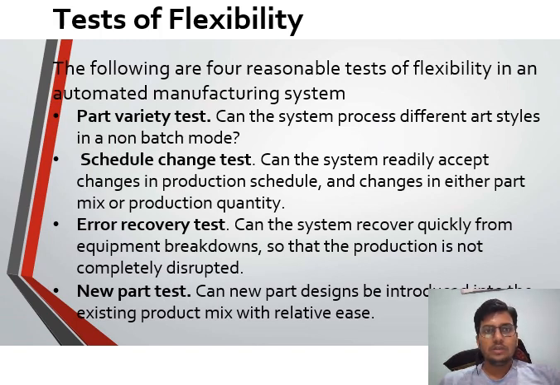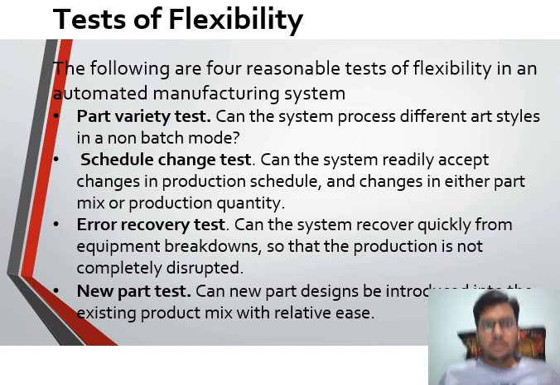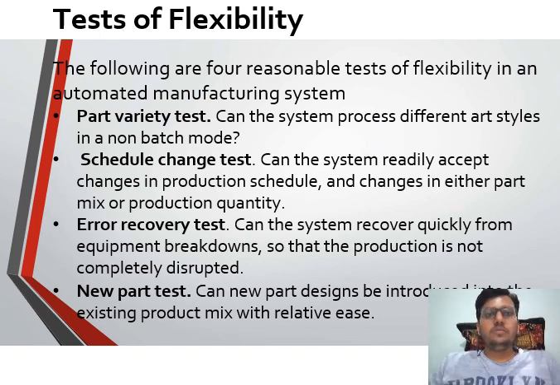So the next thing is, we want to see the tests of flexibility. In this slide, we want to see the different tests of flexibility. There are four reasonable tests of flexibility in an automated manufacturing system. One is the part variety test.